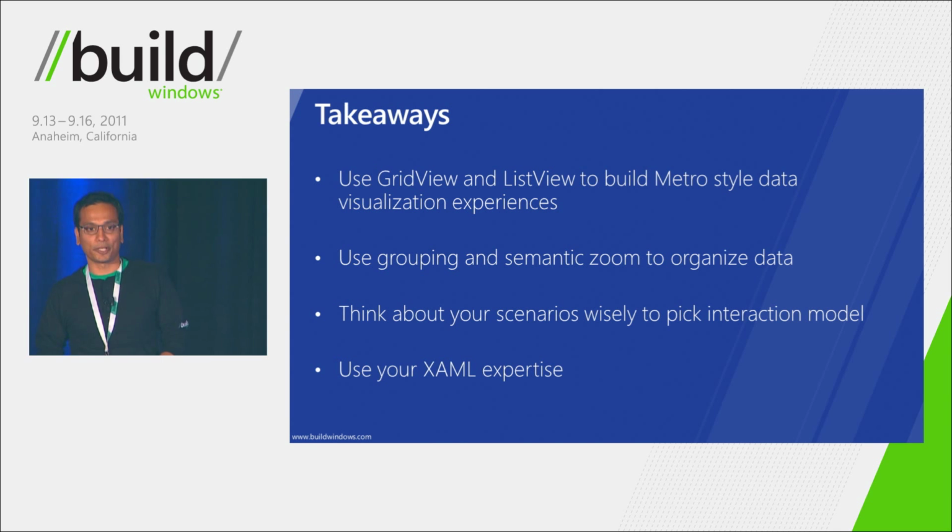It's the new interaction model that we discussed earlier. When you're building scenarios, think about what makes sense. Does single selection make sense? Does multiple selection make sense? Do you want to have the user click on an item and display an entirely different UI? If you do, go ahead and use the new APIs we have provided instead of using the selection APIs, because the UI is different for both. So I'd encourage you to play around with those APIs and see what makes sense.